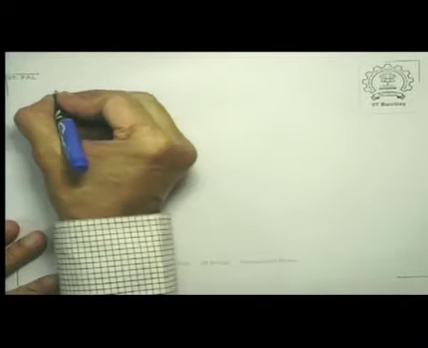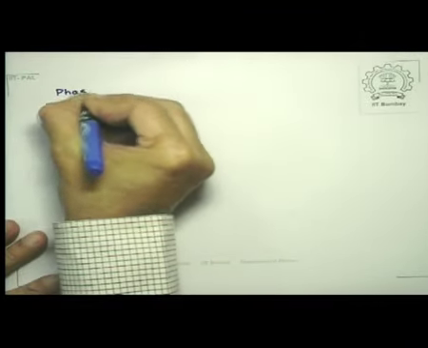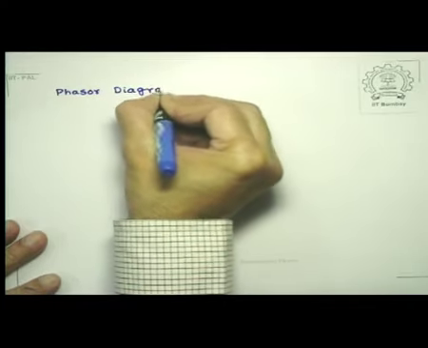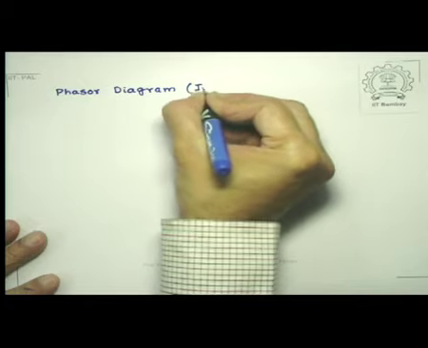So let's look at how the phasor diagram looks for an inductive circuit.